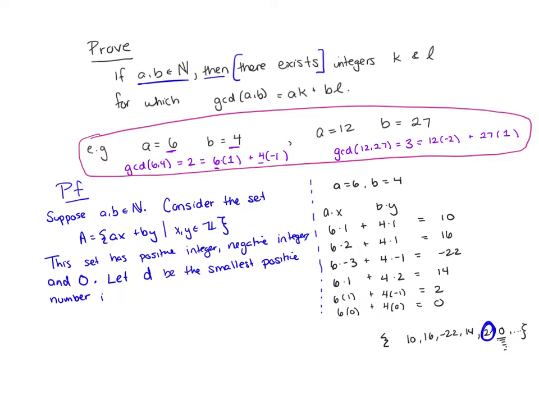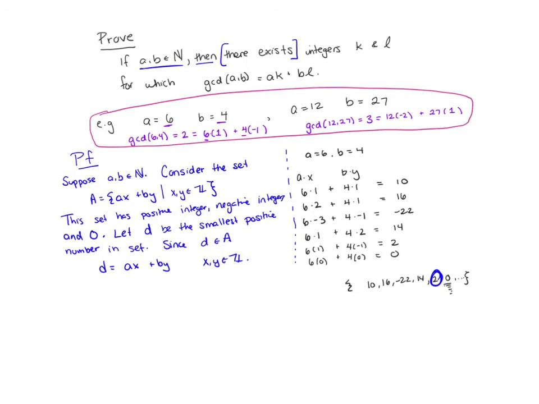And I'm just going to call that smallest positive number D. And now, because D is in my set, we know that D has to equal some Ax plus By, where x and y are in Z, because every number in the set looks like that.